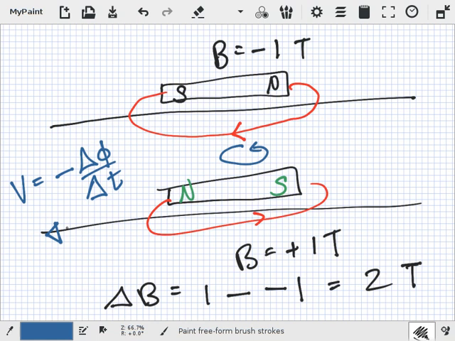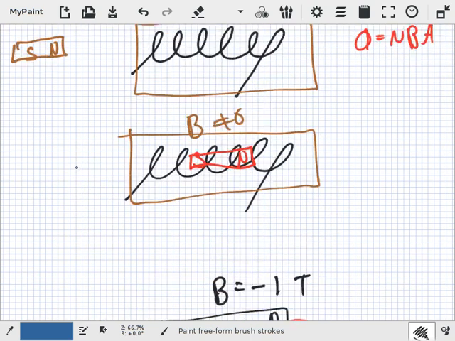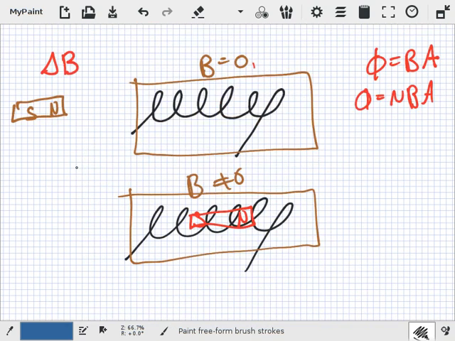In both examples, B changed. In both cases, only B has changed. The area hasn't changed. The area would be the cross-sectional area of the wire. And here, what would be the area in this picture?